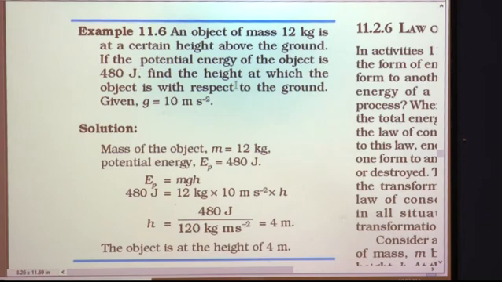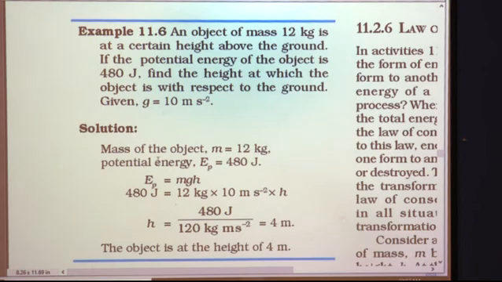You have to find the height at which the object is with respect to the ground. So you have to find the value of h, the height, and the g value is given as 10 meter per second square. Let us see how to find that.